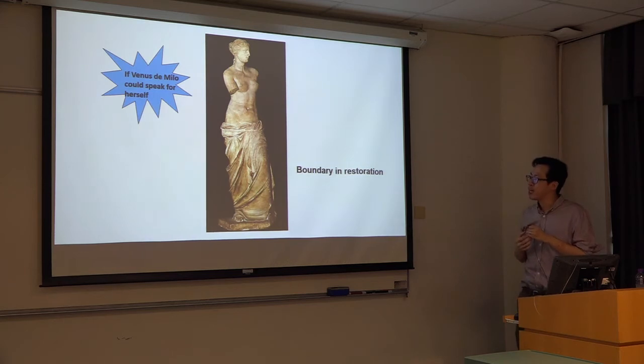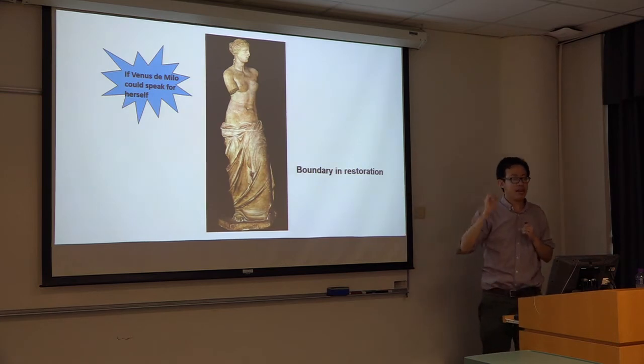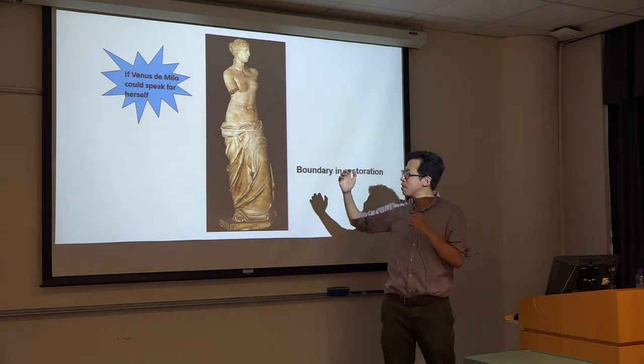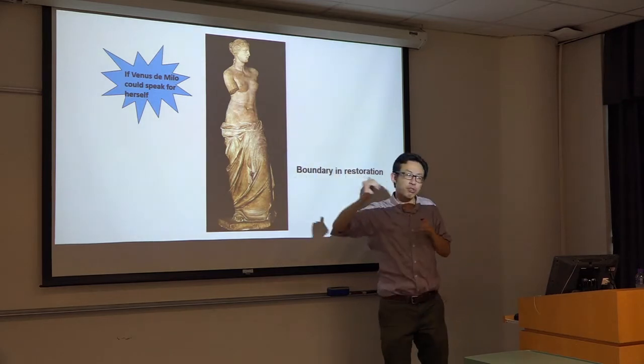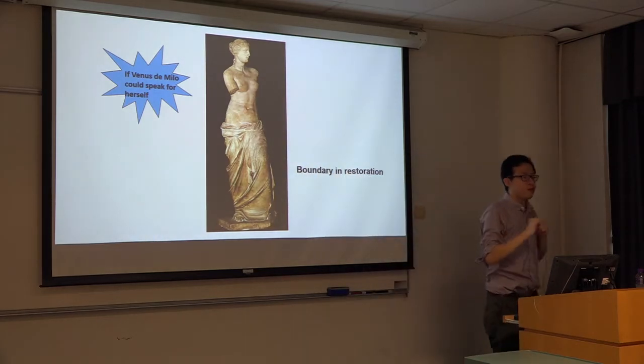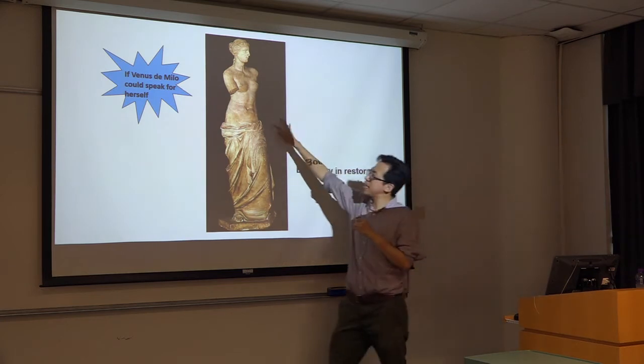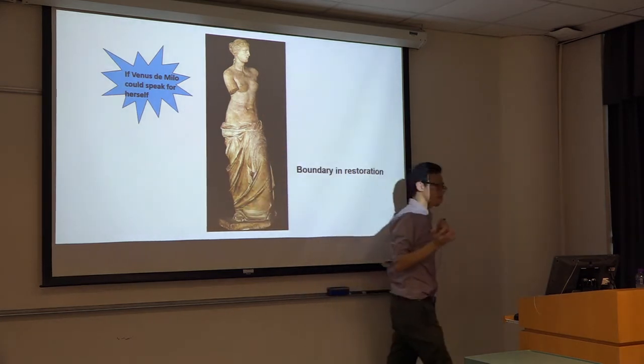Now, if we want to restore this statue, and the arms are already broken, some genius conservator decides to develop a great project to do the conservation. But unfortunately, that conservator did not have any textual record to indicate how these two arms looked.